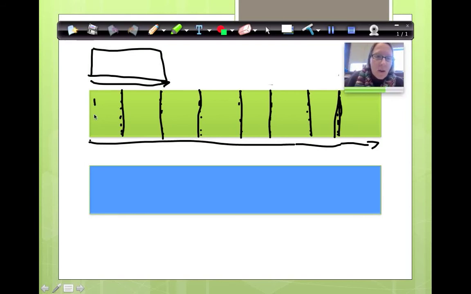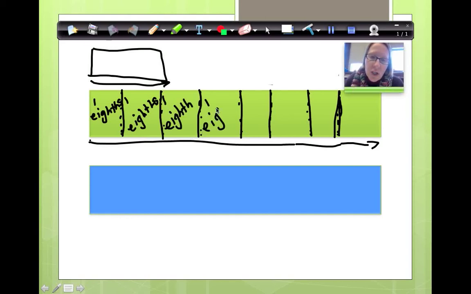You've got to write little eighths. Let's see if I can do this diagonally to get it to fit. Just do 1/8. Just TH, there you go. That's better.